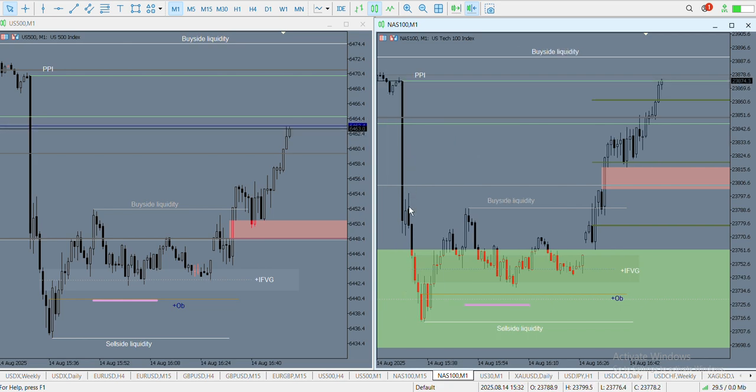So we've managed to get through this CB here from around this point. We've gone through today's opening range gap, beautiful price action, and we've gone through this sell side imbalance bias and efficiency from PPI. Beautiful, beautiful price action.